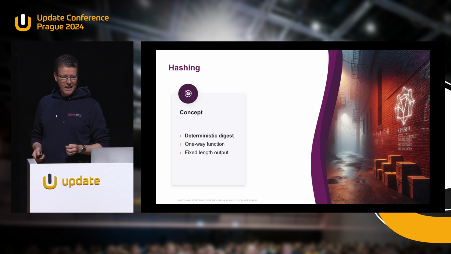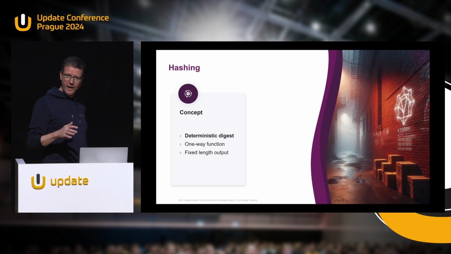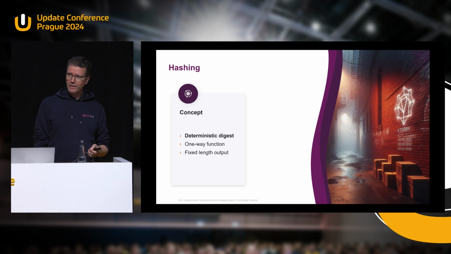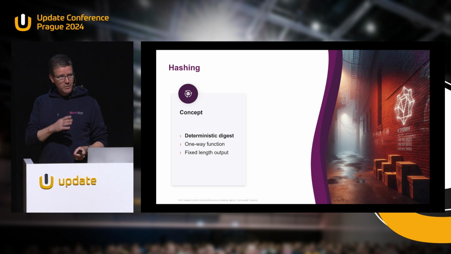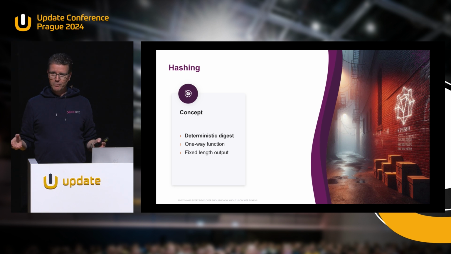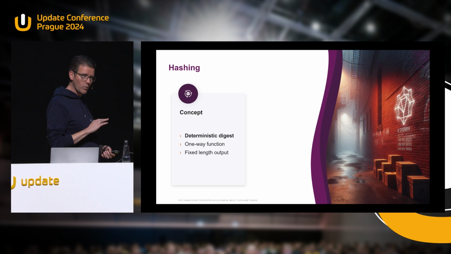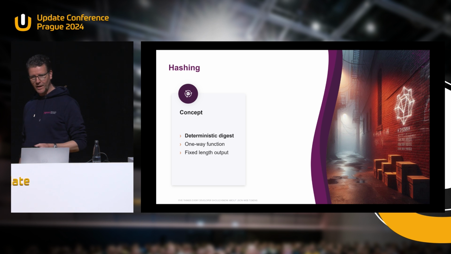So hashing is a deterministic digest, so you put a bunch of bytes in, and provided it's the same bunch of bytes every time, you will get the same digest out of it every time. So no matter how many times you hash something, if you put in the same data, you will get that same digest out of it. And the cool thing here, it's a one-way function. So you cannot revert hashing. So you can never go back to the original data.